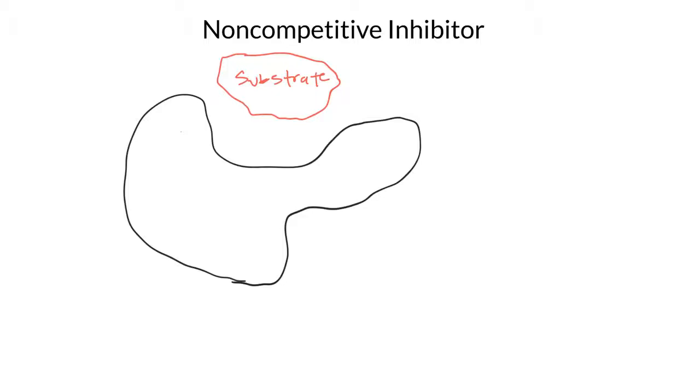A non-competitive inhibitor is an allosteric enzyme where, let's just say NCI, the non-competitive inhibitor will bind to a different site. So what would you call this site here? Good, the allosteric site.